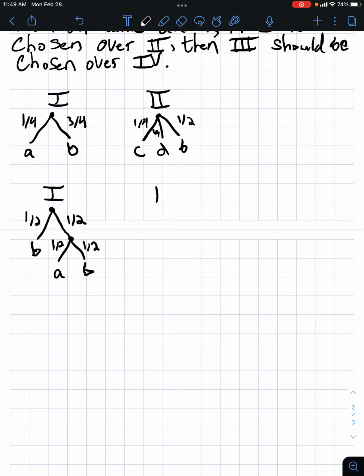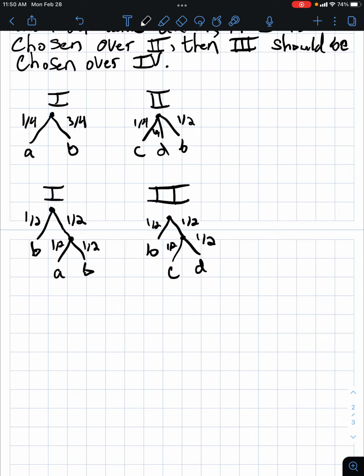Now we need to do the same thing for the second lottery. So we can say B is 1/2. Bring this down to 1/2. And then we have C is 1/2 and D is 1/2.